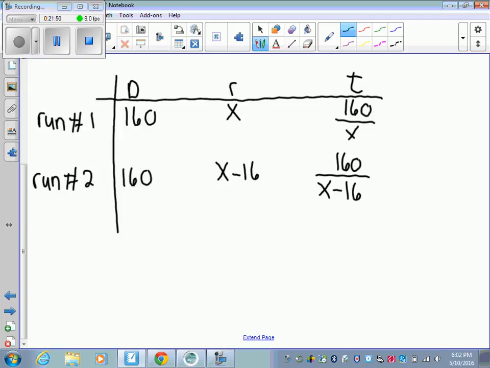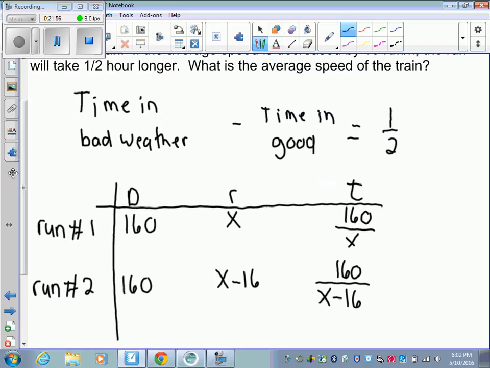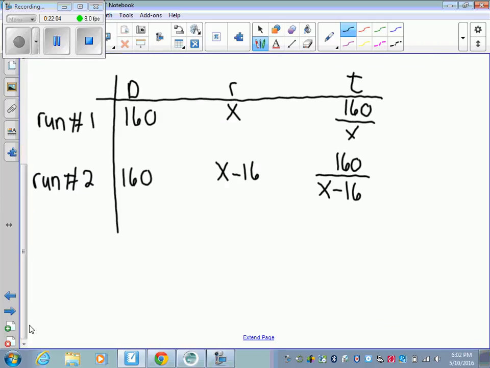All right? Now, I'm going to go back up to my words here that I sorted out in my head of what I should be doing this time. Because it doesn't give me a total time this time. It just told me that it took half an hour longer. So I'm going to take the time in bad weather, or run number 2. That's the time from run number 2.